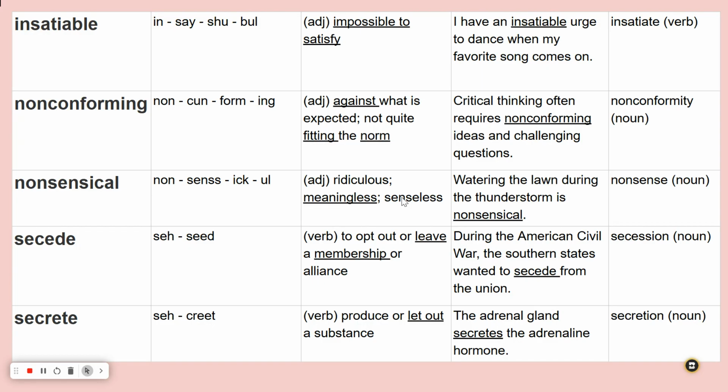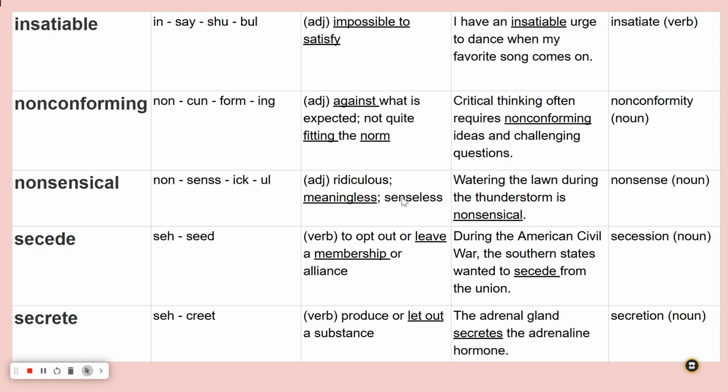Then we have secede. You may have heard the word secede before, especially talking about countries or talking about the states during the Civil War. Secede. It's a verb that means to opt out or leave a membership or alliance. You're saying peace out. You're choosing to go. Okay. You had a friendship, you had an alliance, but you are actively stepping back from that.